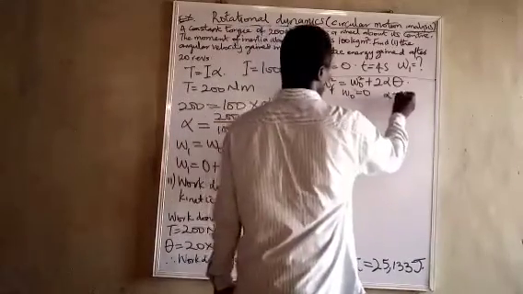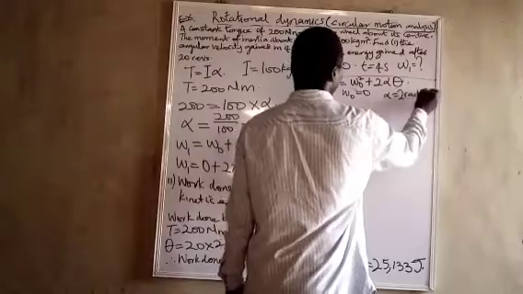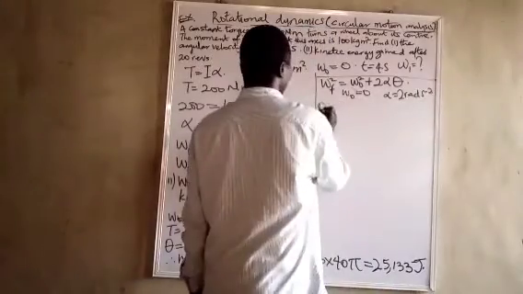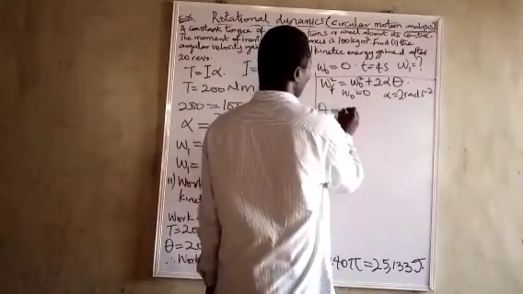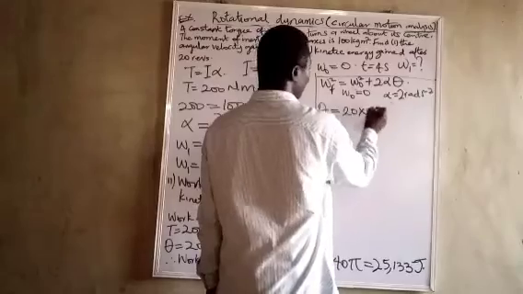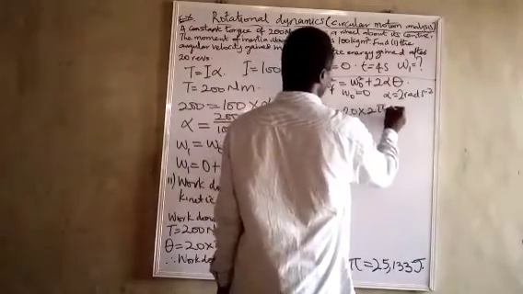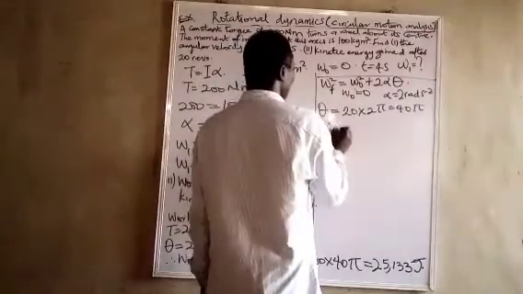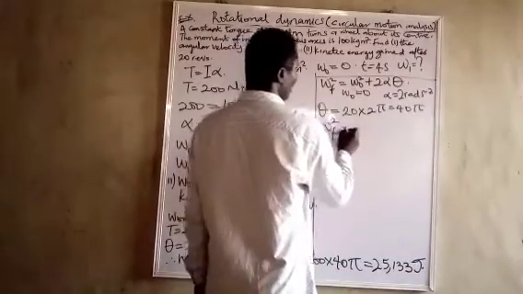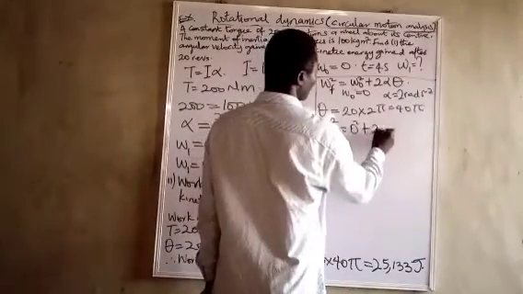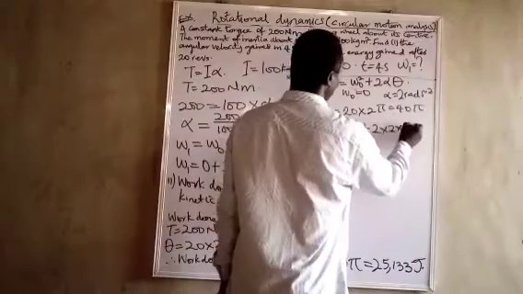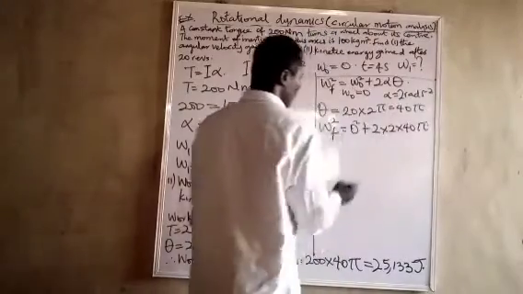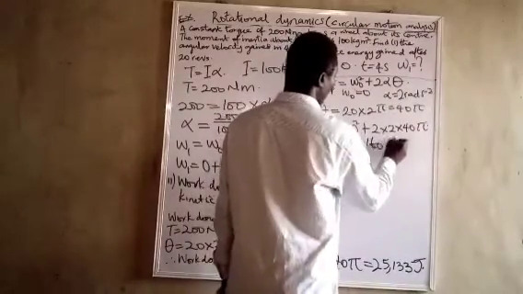Alpha is equal to 2 rad per second squared. And theta is equal to 20 times 2 pi, which is 40 pi. So, our final omega squared is equal to 0 plus 2 times 2 times 40 pi, which is 160 pi.